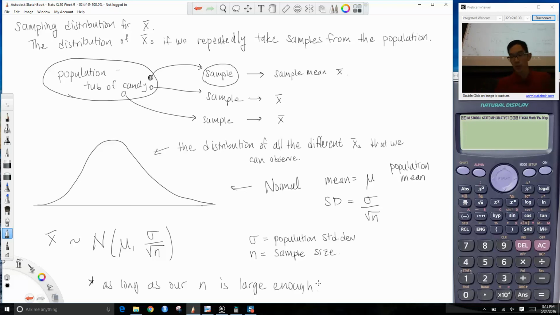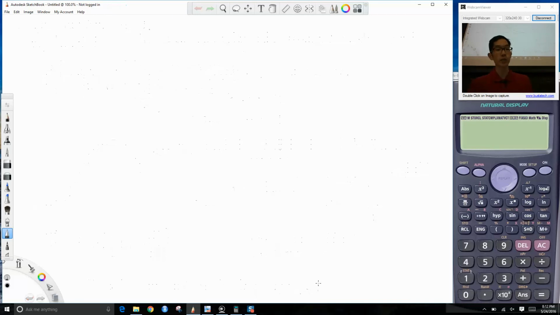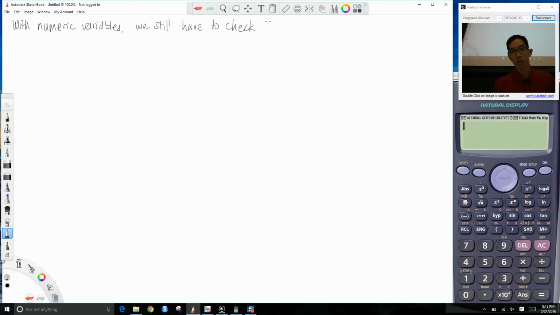Okay, and so as far as it comes, we still have to check for conditions to use the central limit theorem, okay? So I'm going to flip to the next page. So with numeric variables, we still have to check the conditions to use the central limit theorem.